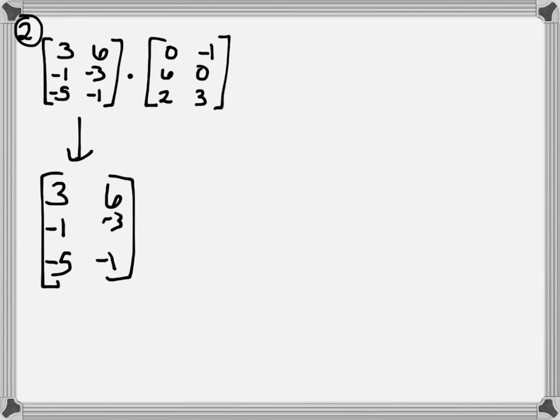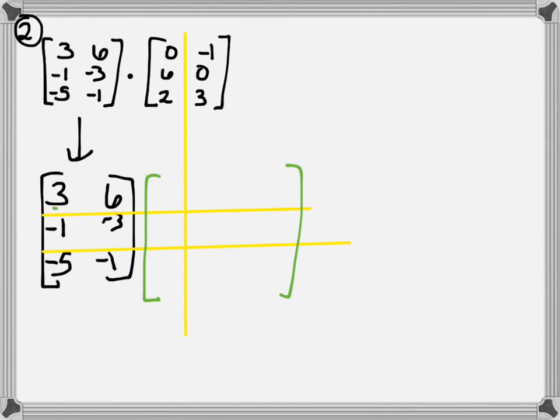But just in case you didn't see that, I'm going to show you another method of seeing whether they can be multiplied or not. So when I lined them up, I have to go across as I'm multiplying and down on the second. And you'll see that there's nothing for that 2 to match up with.